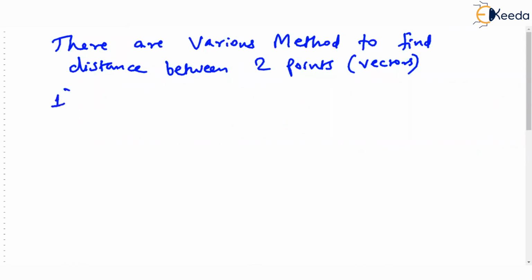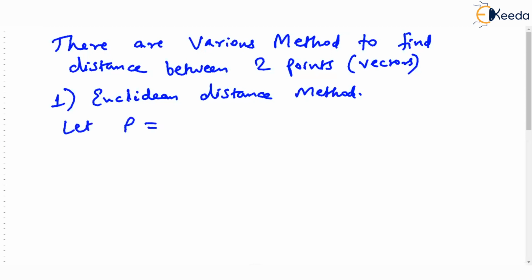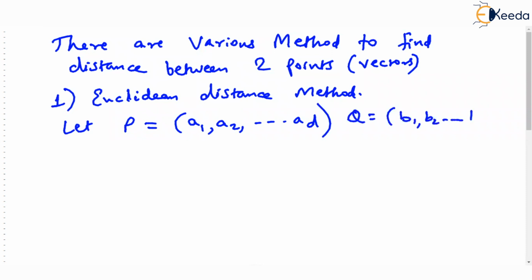The first method we already found is the Euclidean distance method. For our reference, we'll write it again. Let P be, let's say, A1, A2 up to AD, a d-dimensional vector, and Q is, let's say, B1, B2 up to BD. It's also a d-dimensional vector.